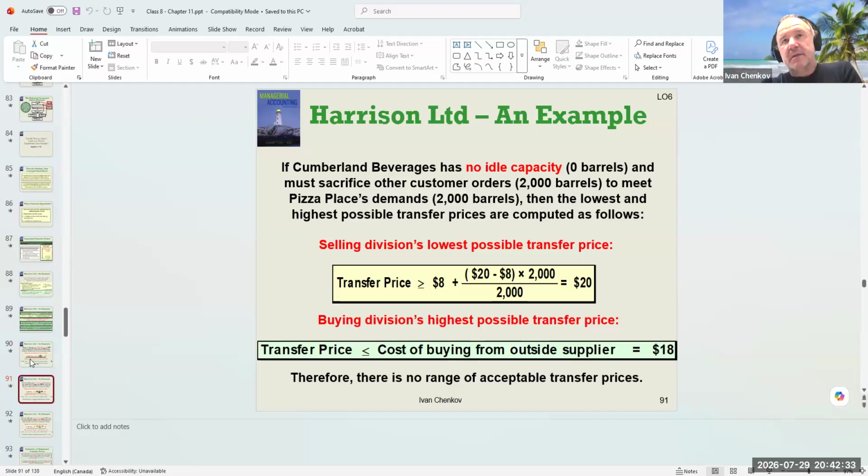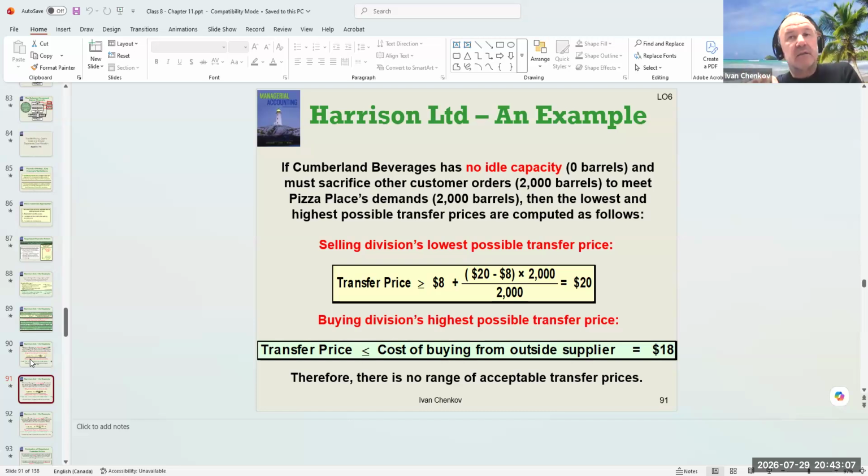Since they don't have the capacity, they have to stop the regular sales to the customers, to whom they're charging $20, and transfer the units internally to the other department. In that case, the minimum price that they'll be willing to sell the ginger beer for will be $20, the regular price that they usually sell to customers. Because again, I don't have the capacity. I'm stopping my regular sales at $20. So if you want those 2,000 barrels, you have to pay me the $20.